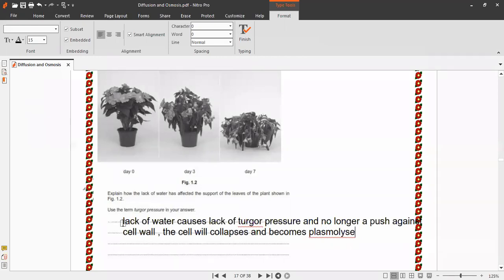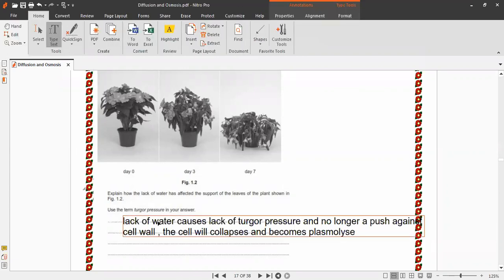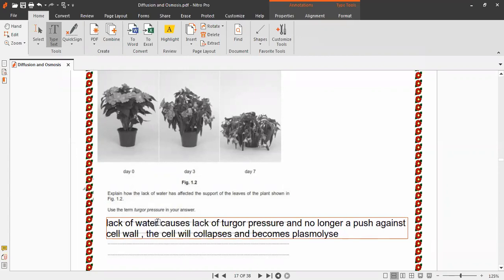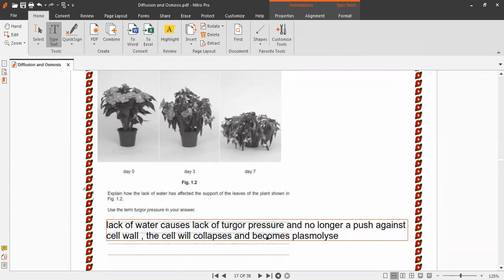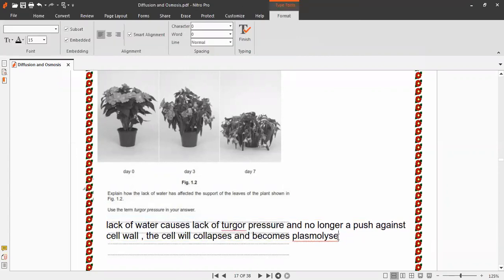Lack of water causes lack of turgor pressure and no longer a push against the cell wall. The cell will collapse and becomes plasmolyzed. Okay, this causes what? This causes wilting.